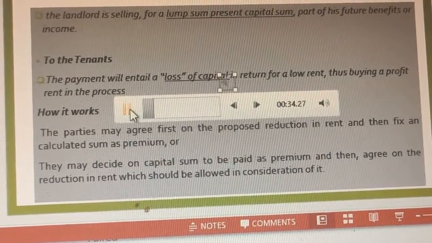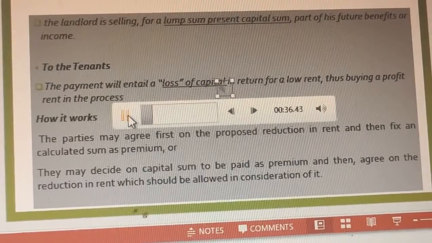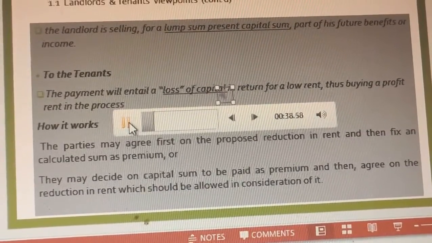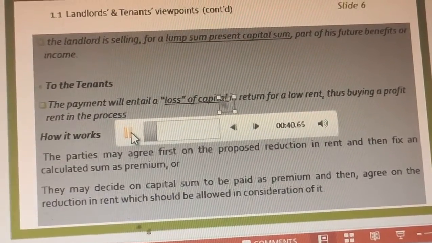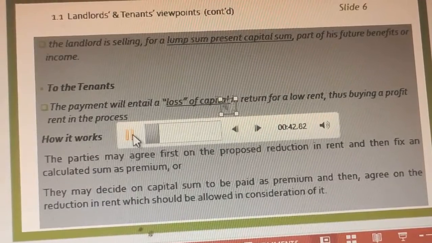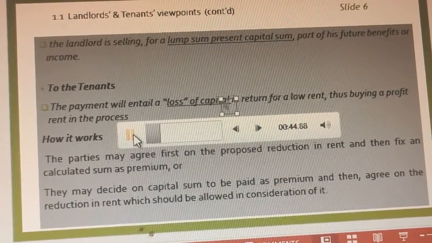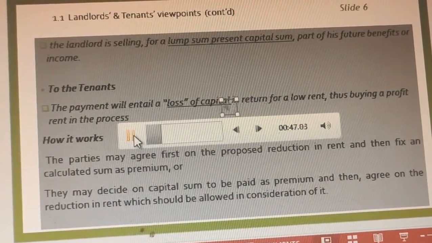It's profit rent that's accruable in the foreseeable future, which is being capitalized, and it's taken as a lump sum today. That's the other way the landlord might look at it, as if he's selling for a lump sum present capital sum.